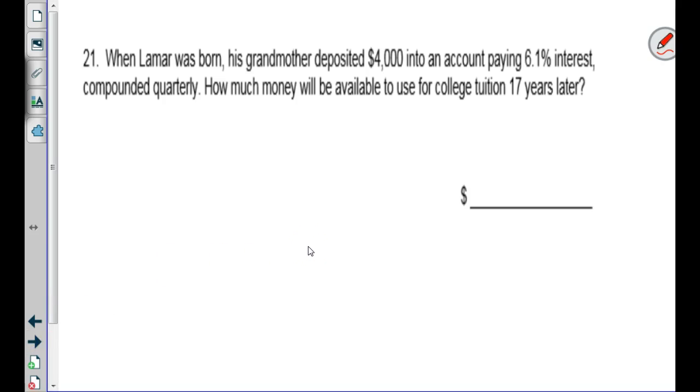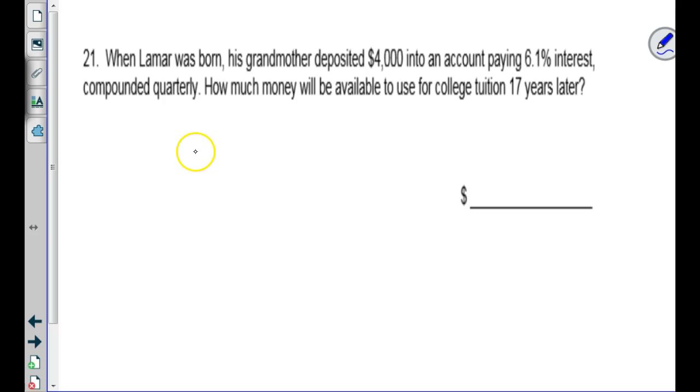21. When Lamar was born, his grandma put $4,000 in an account paying 6.1% interest, compounded quarterly. How much money will be available for use for college after 17 years? Okay. Is she making payments? Nope. Do we need to use the app then?